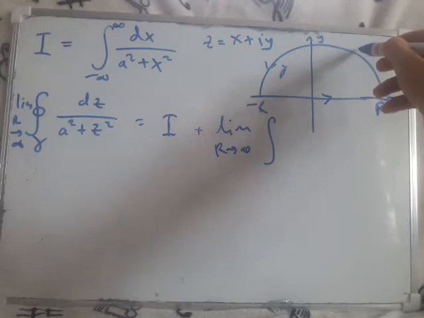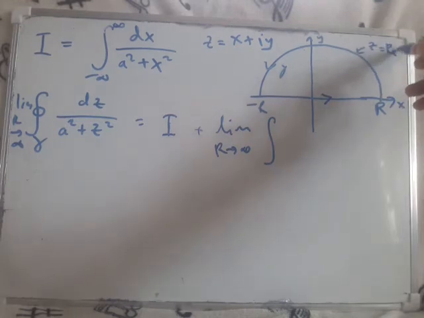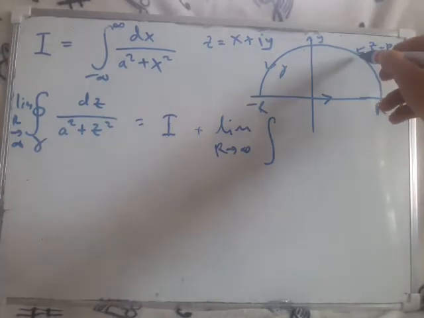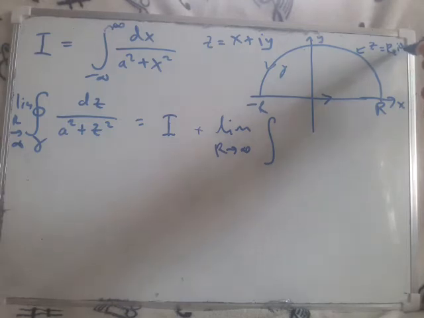So around here, on this semicircle, we have that z is equal to r e to the i theta. A general point here we call theta. So that means that on here, dz is equal to r times e to the i theta times i d theta.